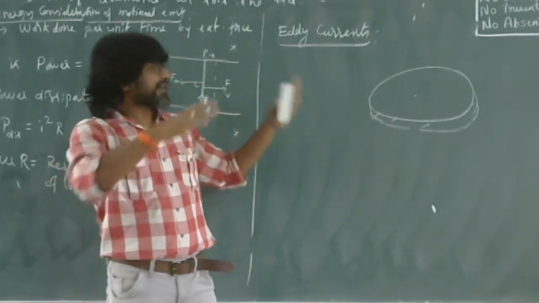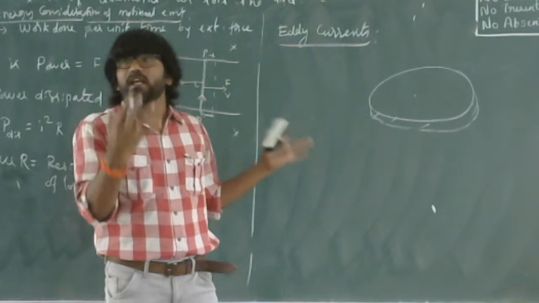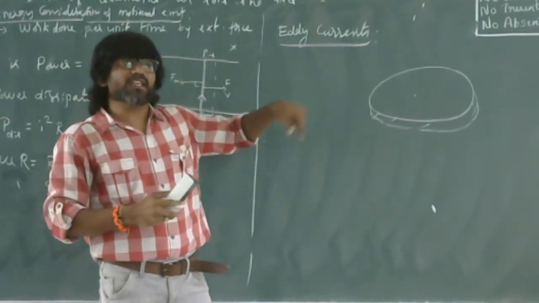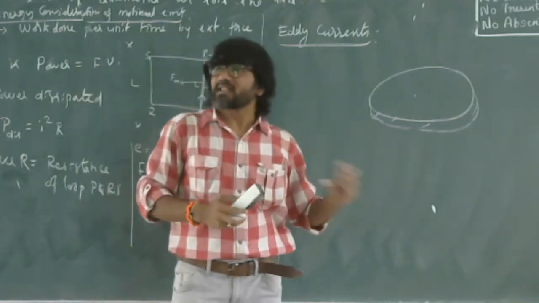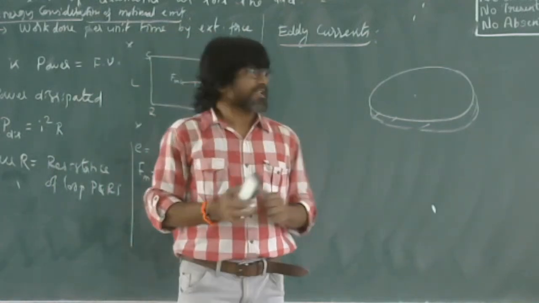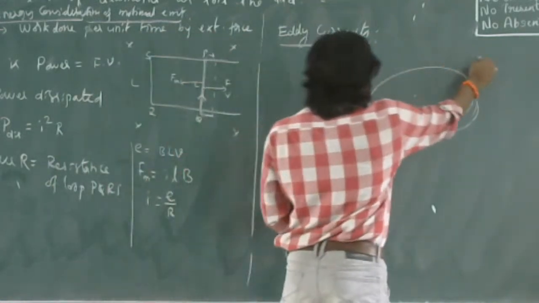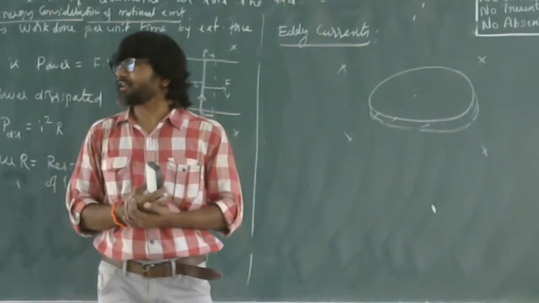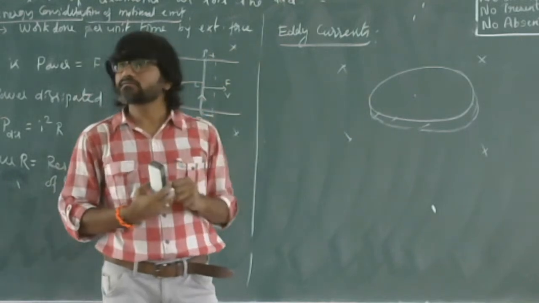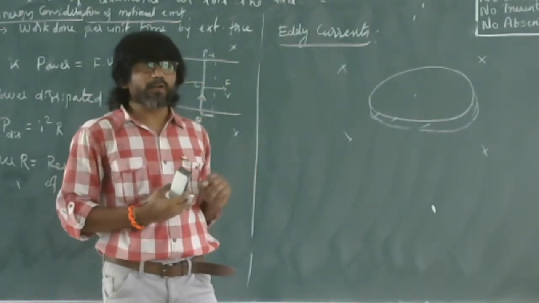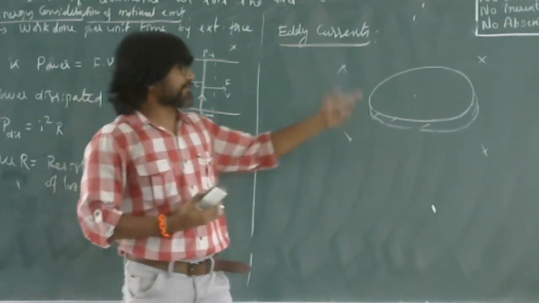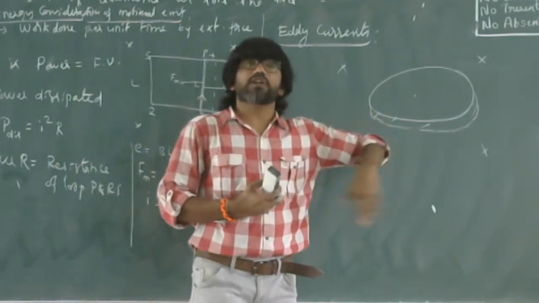If you have a bulk metal and it is subjected to a change in flux, that is, you keep it in a uniform magnetic field and rotate it, due to rotation EMF is induced, and hence if it has some resistance, current is also induced.